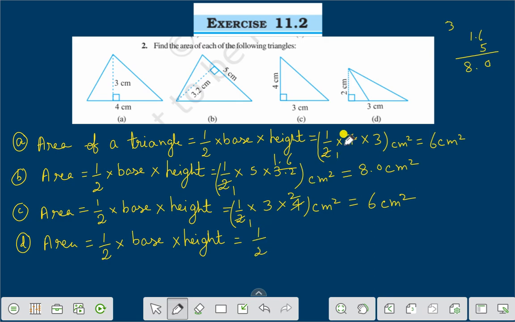And in the figure you see this is the base, right? We can see here that this is the base and this is the height.